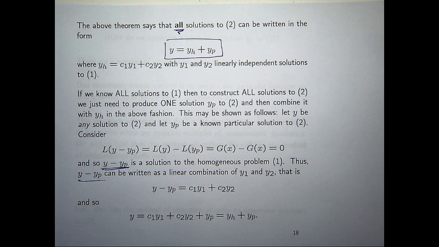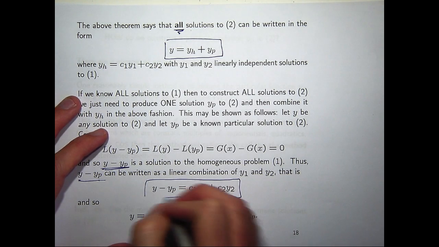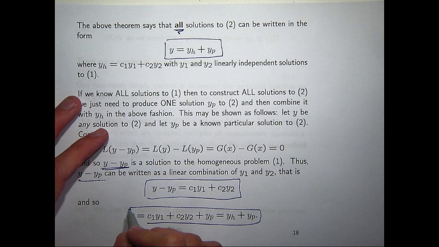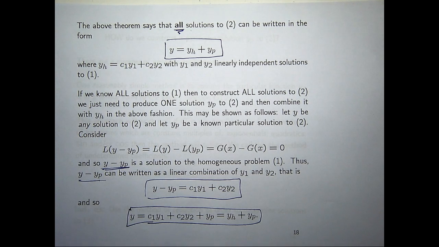So let's write that down here and then just rearrange it. Take that to the other side, and that's my y sub h, so I get the following. So that's now you know why you take the solution to the homogeneous problem and add a particular solution, any particular solution to the non-homogeneous problem, and add them together. That's why it works.